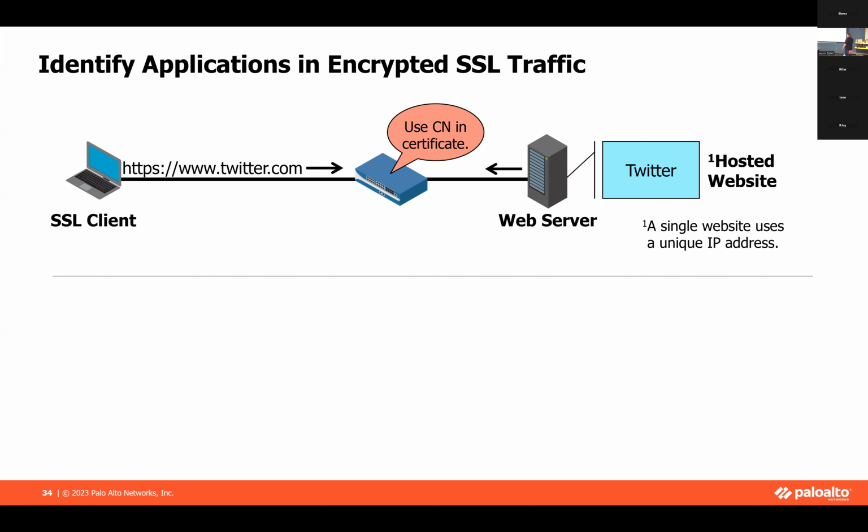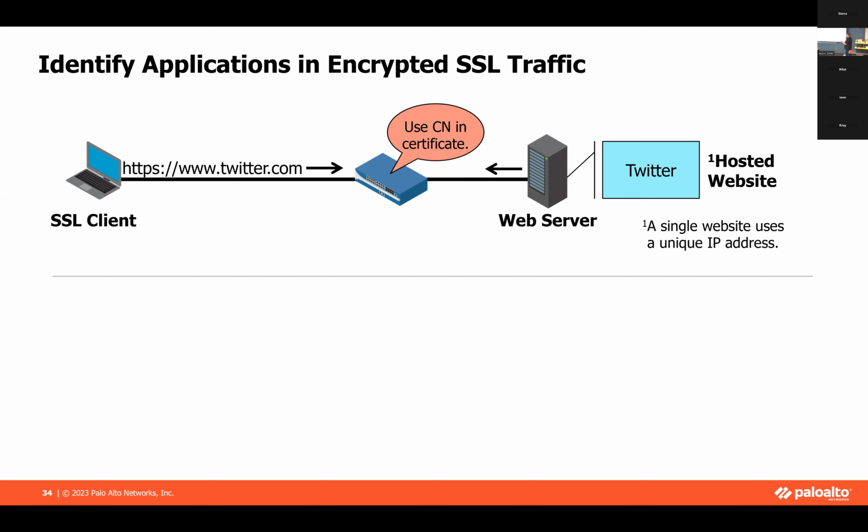So the way most of them will do it is that SSL client, in this case, going to Twitter or whatever else, will send an outbound, and it's going to use the CN. Does anybody know what that is when we talk about certificates? Common name. Common name, yep. So the common name in a certificate will be something like google.com or Inc., or usually the FQDN of whatever service you're trying to go to is sometimes used.